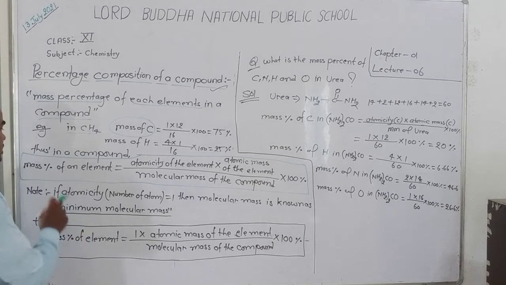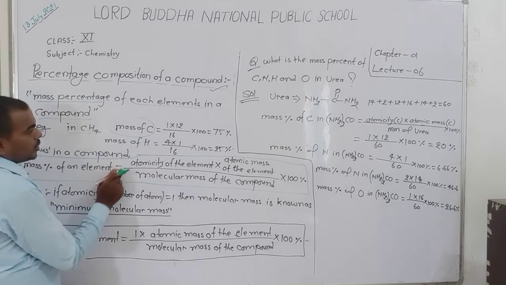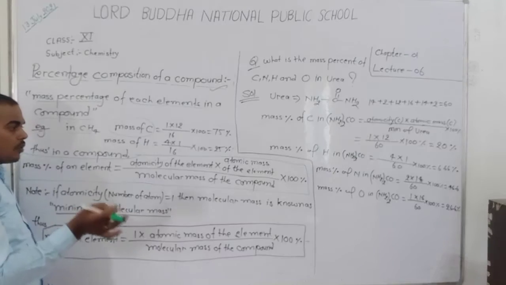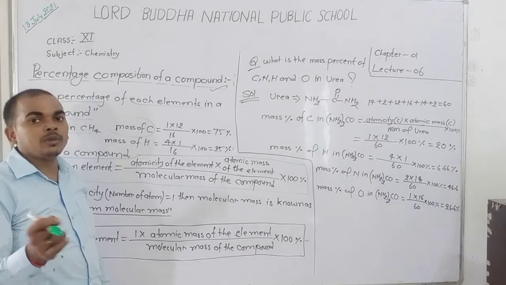Mass percent of an element is equal to the number of atoms, which is known as atomicity.